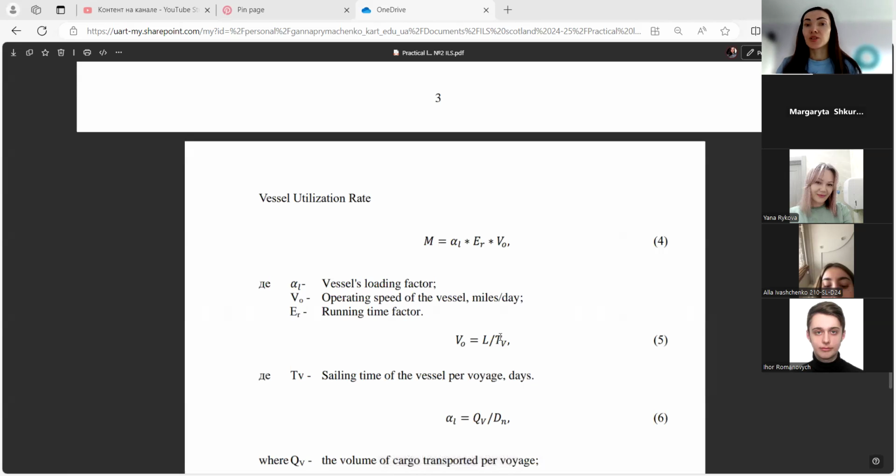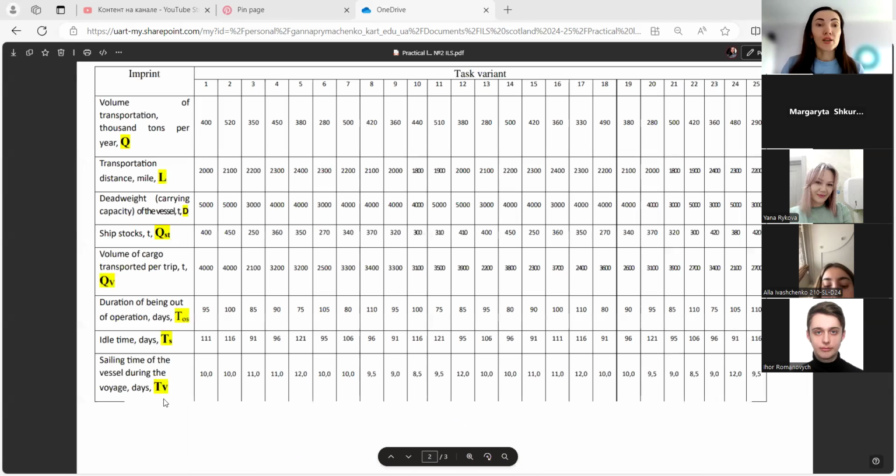It is such parameter as T with index V. It is the sailing time of the vessel per voyage in days. So find it in our table 1.2. It is the last parameter in our table. We can see that it is the sailing time of the vessel during the voyage in days.